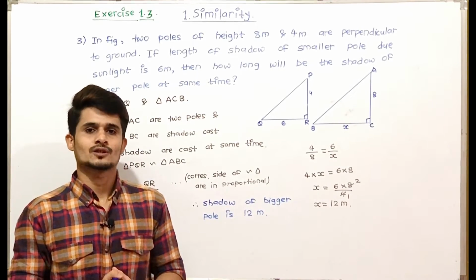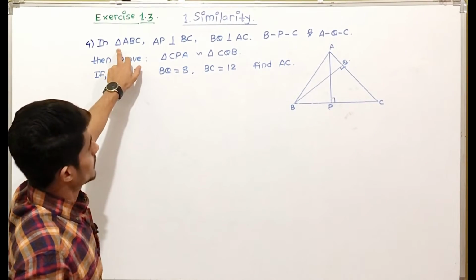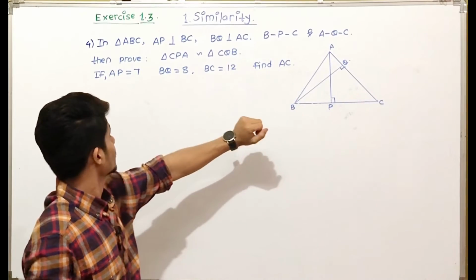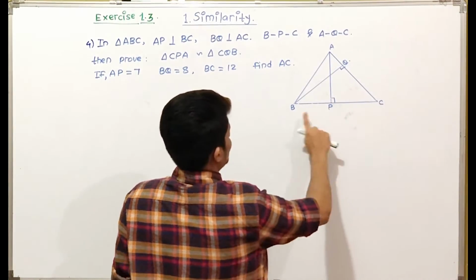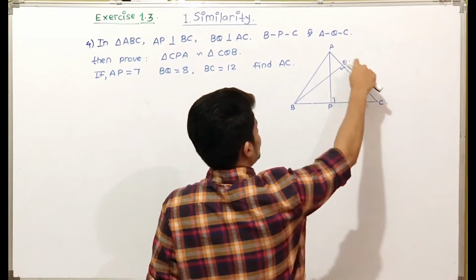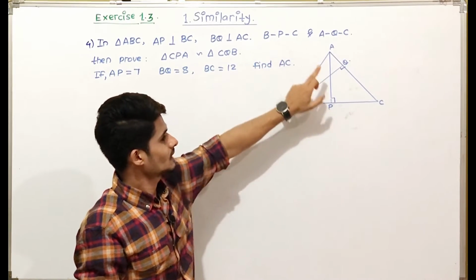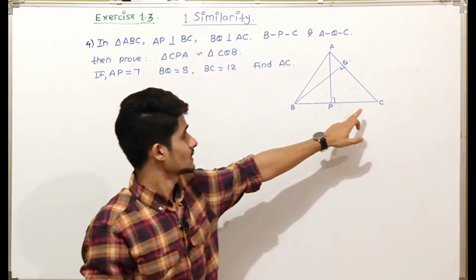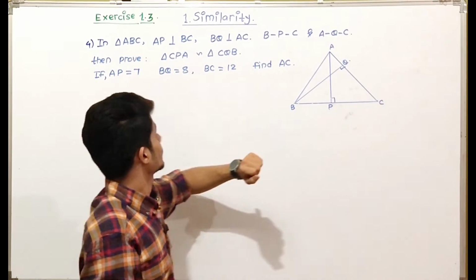Similarly, we'll solve question number 4. In triangle ABC, AP is perpendicular to BC and BQ is perpendicular to AC. P is in the middle of BC and Q is in the middle of AC.